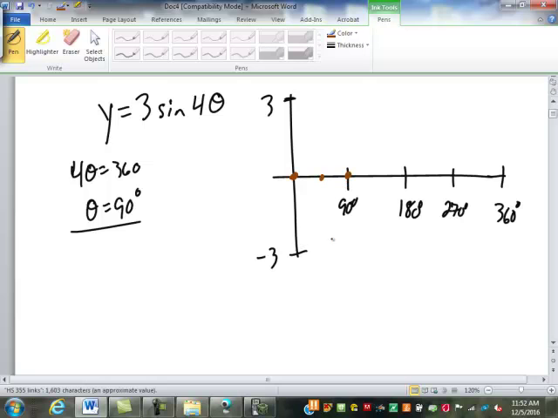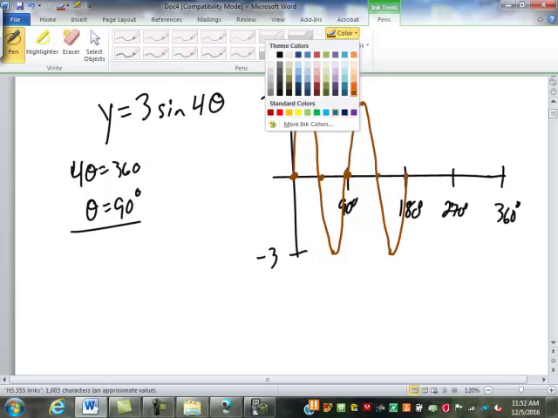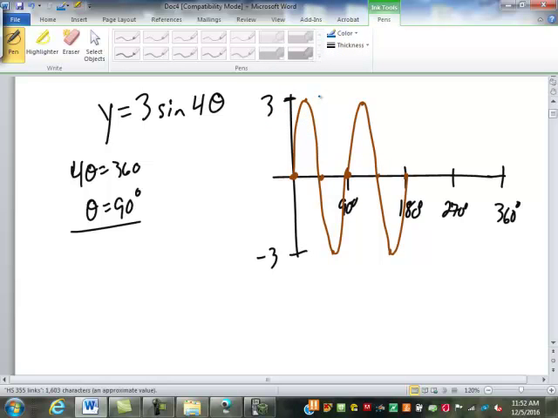You're going to have a 0 point halfway in between, peak, valley. So 0 point halfway in between, peak, valley. Does that make sense? Okay. So those are the multiplication ones, the expansions and contractions.